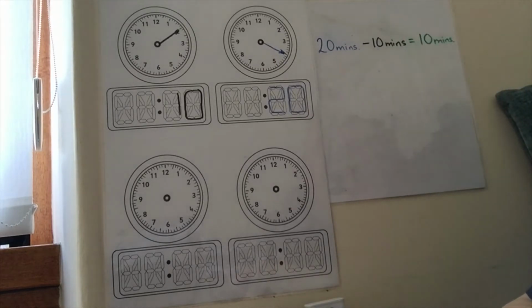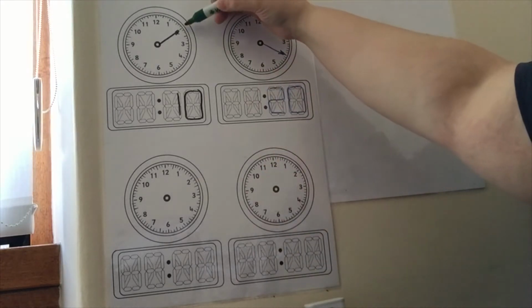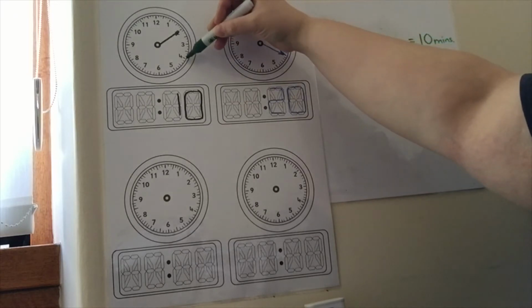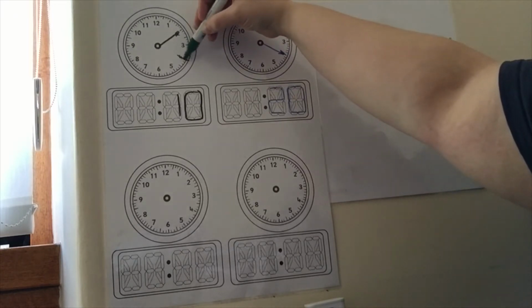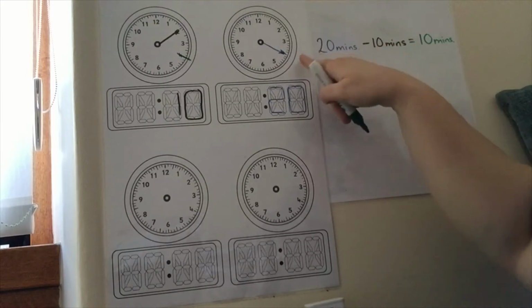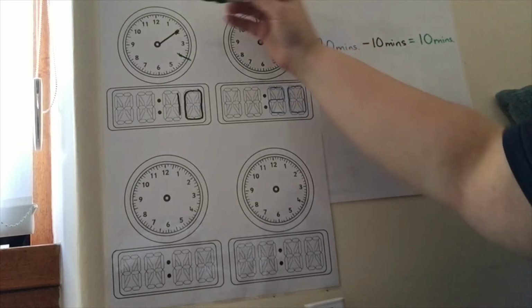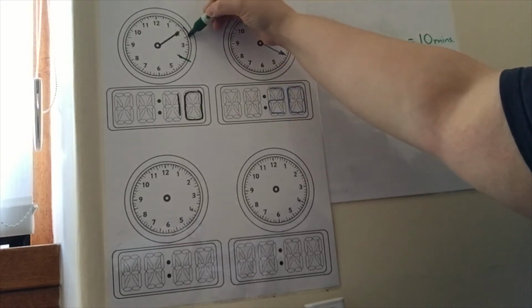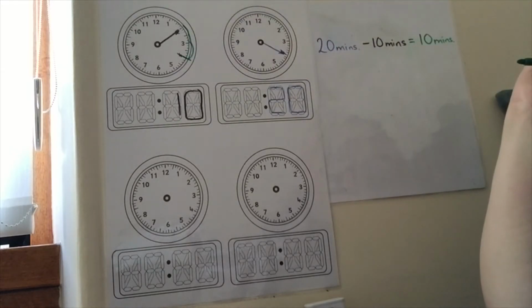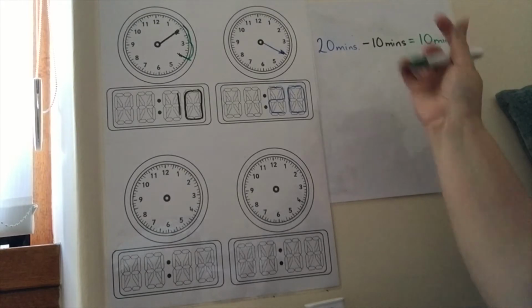We can double check by going back to our clock and counting in 5s round till we get to where it needs to end up to match that clock. We can count round 5, 10, and that's what we ended on.